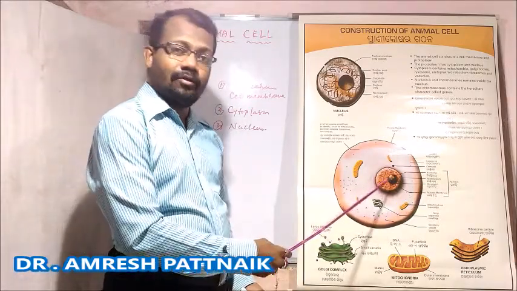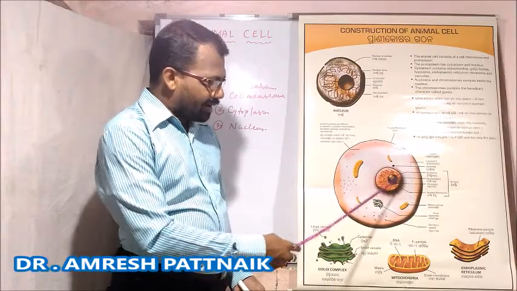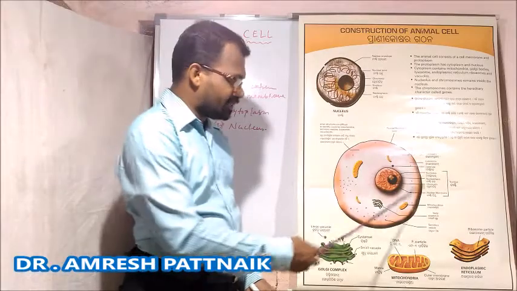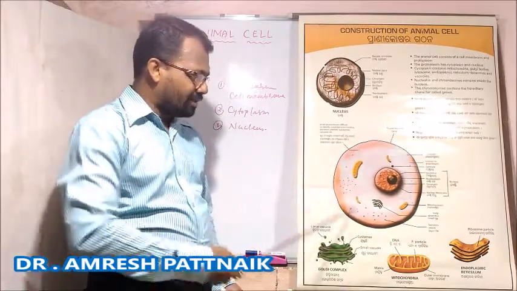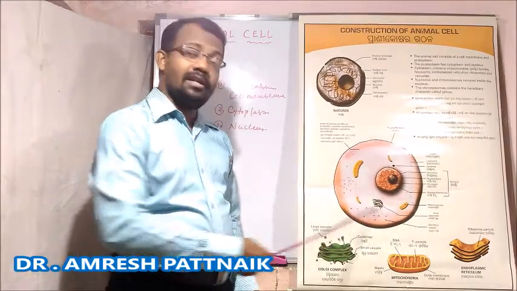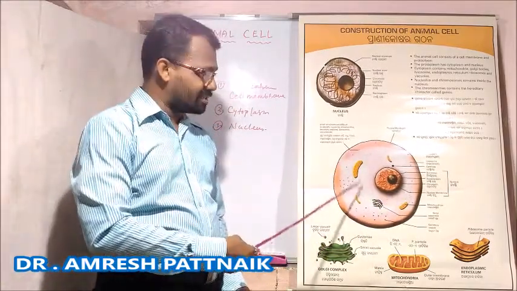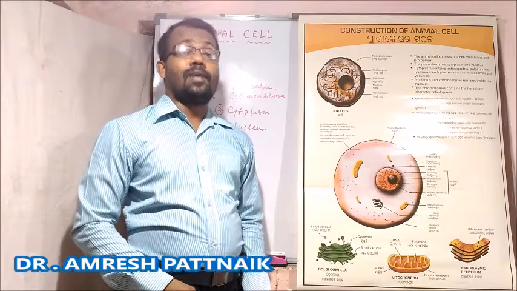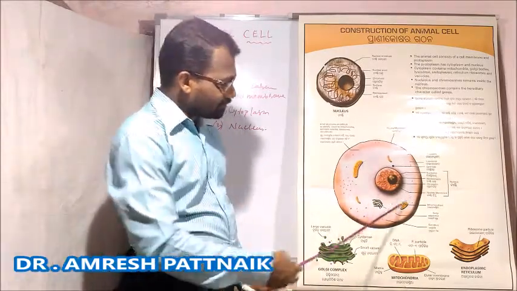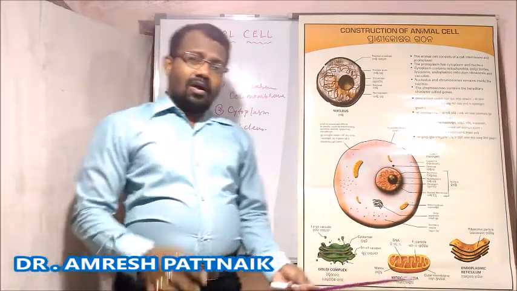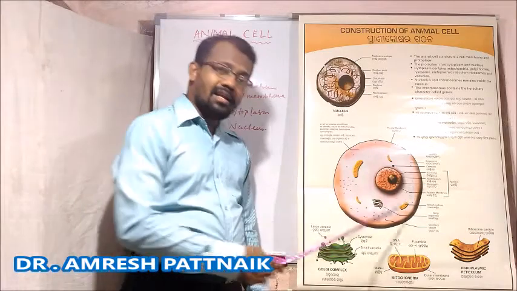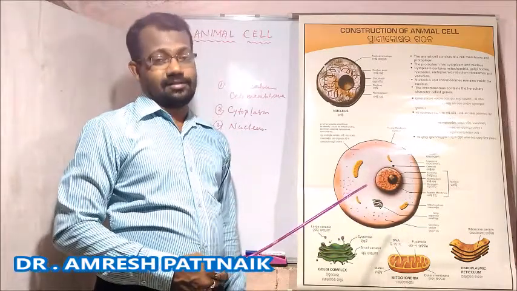And around the nucleus, up to this cell outline, you will find all these things. This liquid or fluid-like substance is known as cytoplasm. Almost all organelles which are present inside the cell are called cell organelles.